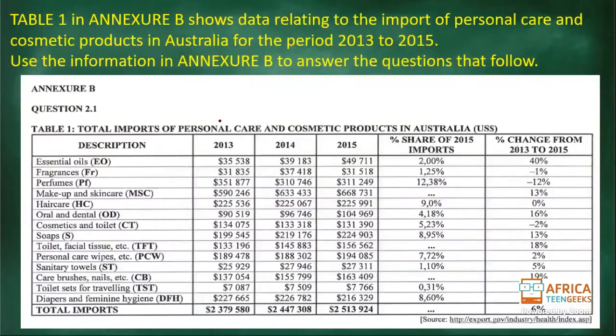So let me take you to the slide then. We are calculating the missing value, which is this one here, indicated by A. This is what we have to calculate, using that formula: the 2015 imports minus 2013 imports, so we are focused on these ones, divided by 2013 imports, multiplied by 100.